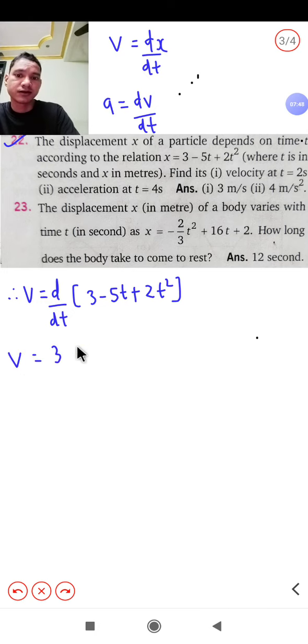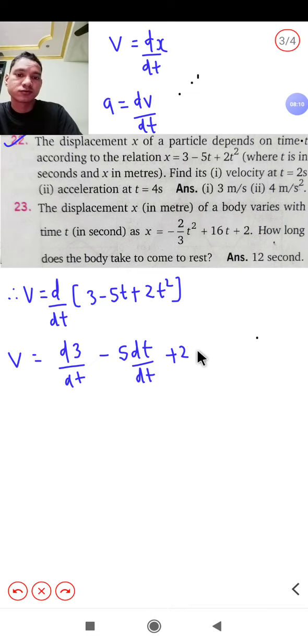Differentiation of 3 with respect to time will be 0 actually, constant. You cannot differentiate a constant. Its differentiation is 0. It doesn't change actually.